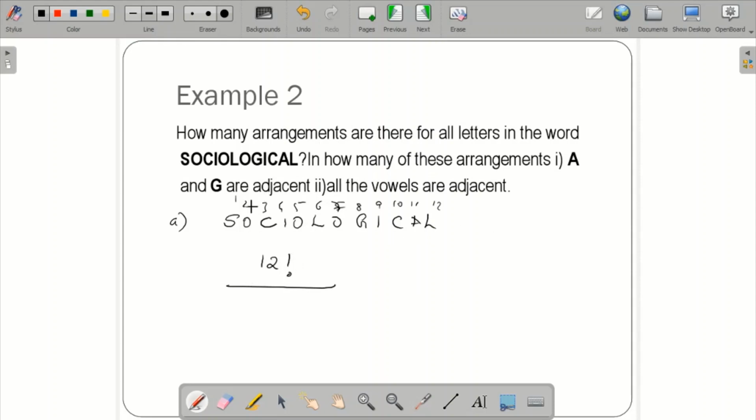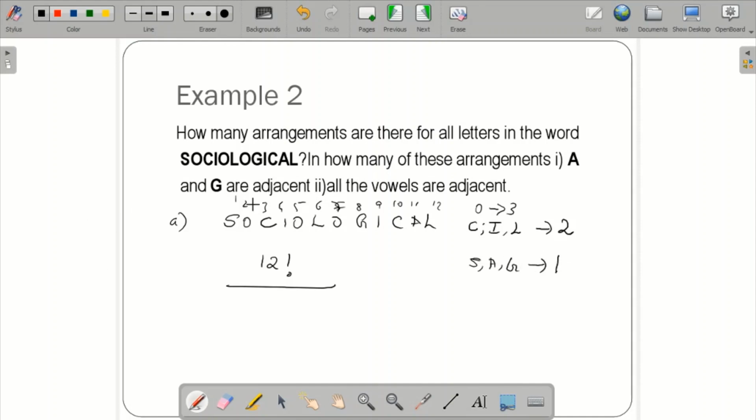N is 12. Let us see how many times each letter has been repeated. We'll write in increasing order. O is repeated thrice. C, I, L are repeated twice. You can see C2, L2 and I2. S, A, G are repeated one time.